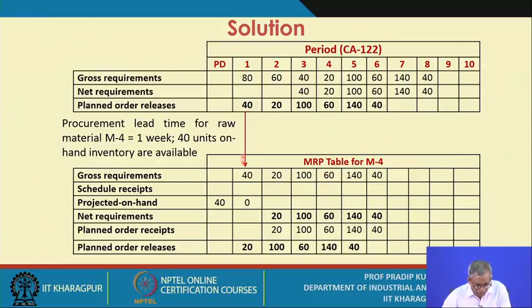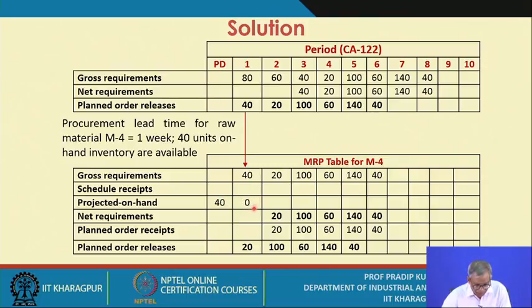So, you require 40 units in the first week, second week 20 units, third week 100 units, fourth week 60 units, fifth week 140 units and the sixth week 40 units. The projected on hand that is given is 40 units. Okay, for this particular problem.